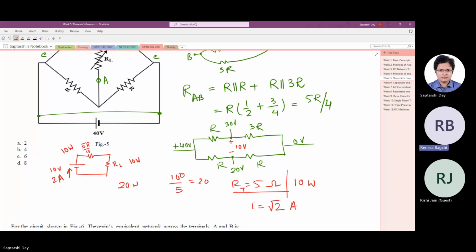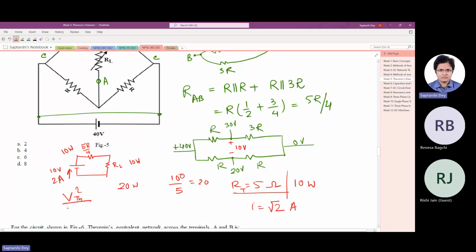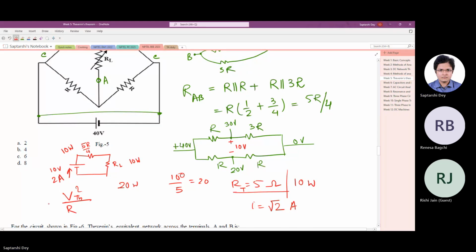Thirty by R. So I divided it into I1 and I2. I1 is equal to 10 by R and I2 is equal to 20 by R. What I did is V squared by 4 Rth, which is equal to 10. Yes, this will give you R equals 2 ohm.